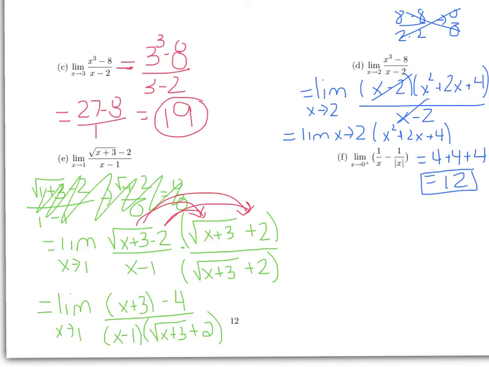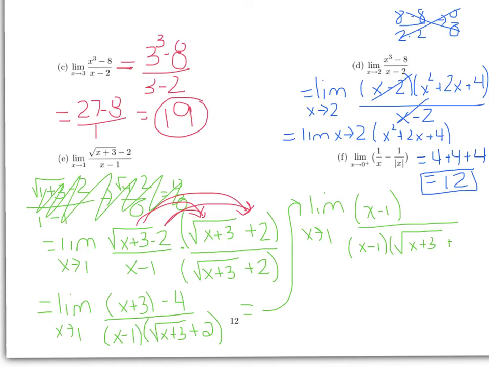The only thing I would ever FOIL out is the conjugate stuff to simplify that part, because if you do that, then you'll see that you get the limit as x approaches 1 of x minus 1 on top and x minus 1 on the bottom, square root of x plus 3 plus 2.